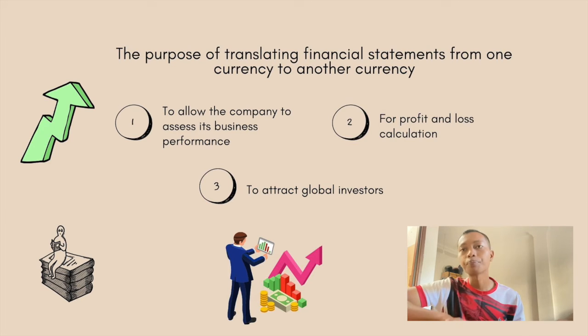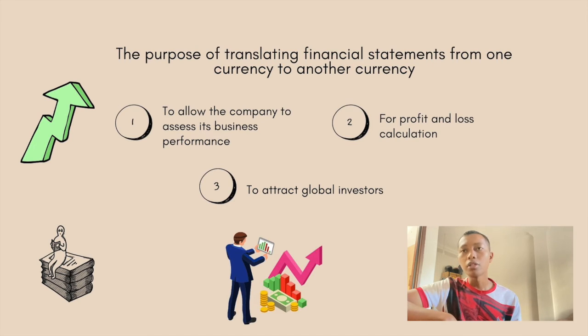and equity. The second one is profit or loss calculation. This is also important when the company collects all data from the subsidiary to calculate their profit and loss. All profit and loss resulting from currency conversion will be included in the comprehensive income.